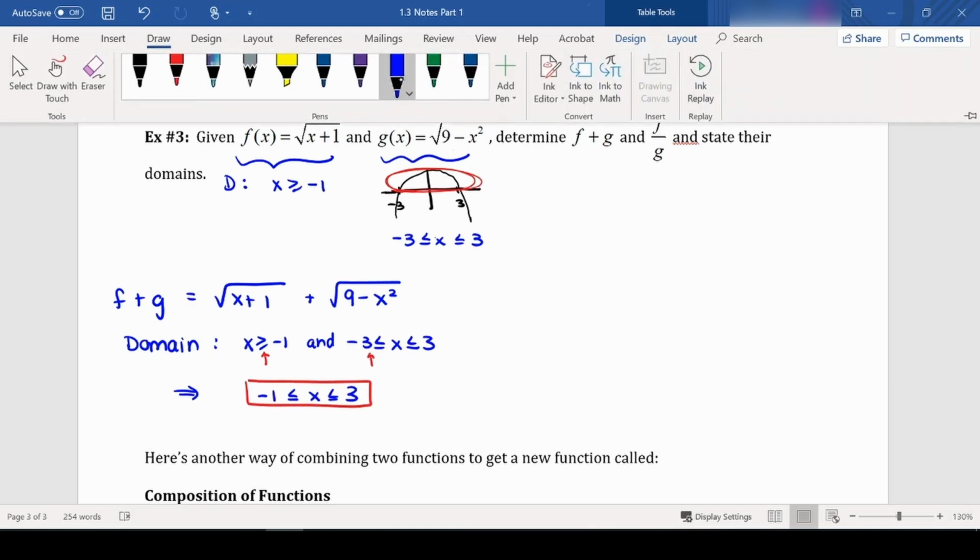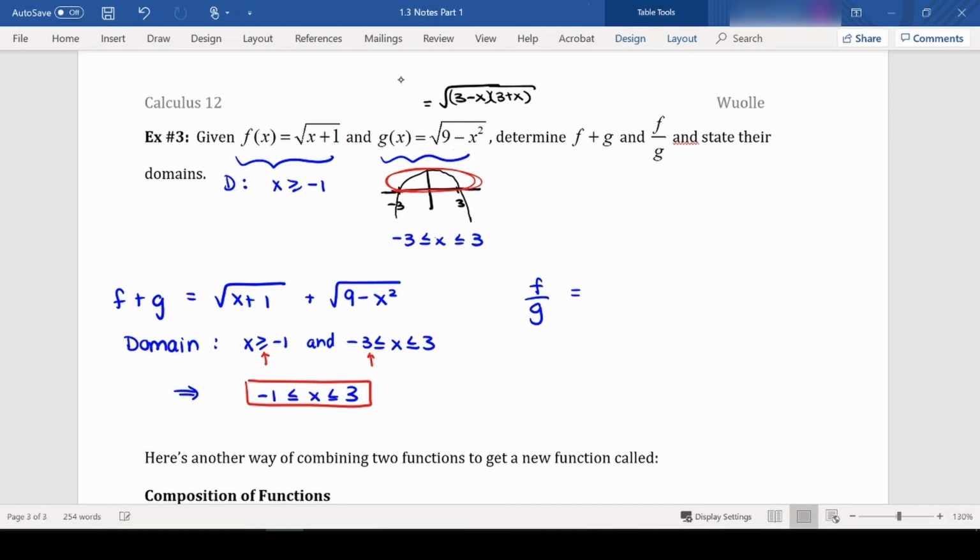Now, if I do f over g, this is going to give me root x plus 1 over root 9 minus x squared. So again, for domain, from the top, I have that x is greater than or equal to -1. And from the bottom now, I have -3 strictly less than x, strictly less than 3. My denominator cannot equal 0, so we cannot have 3 and -3 included.